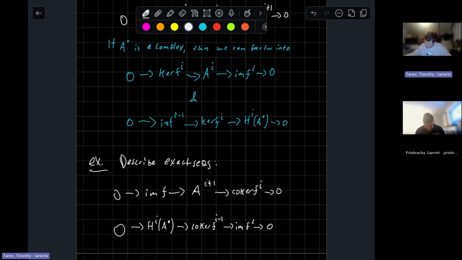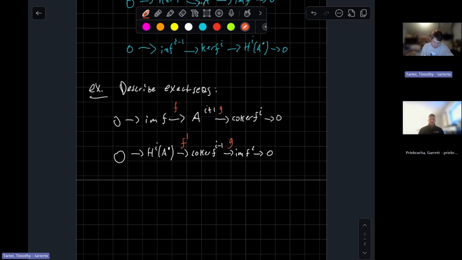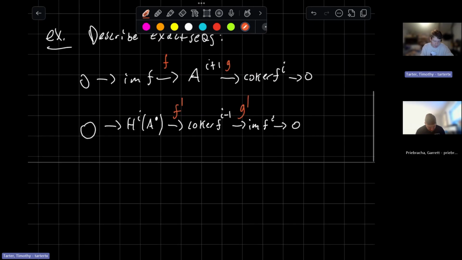I'm not really sure what they mean when they say describe. They maybe mean put in the morphisms, right? Like F and G and F prime and G prime. Yeah, that must be what they mean.